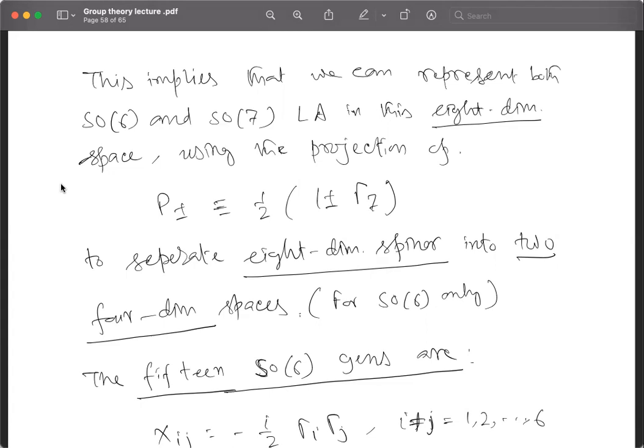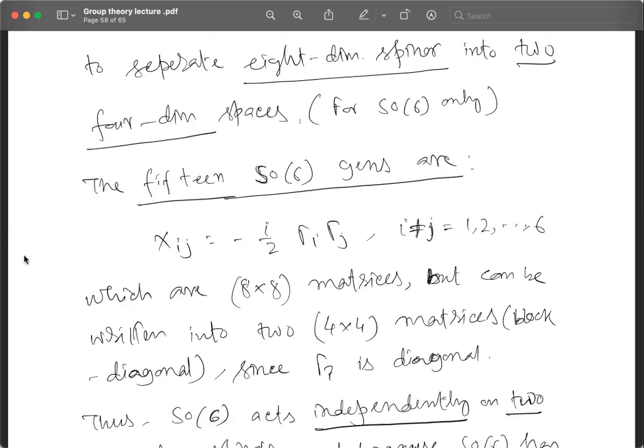But we have to remember that the projection operator can split the representations into two equivalent, same-dimensional representations only for even dimensions. So with γ_7, with 1 ± γ_7, this kind of P^± operator cannot split these 8-dimensional spinors into two 4-dimensional spinors for SO(7), but certainly that can be done for SO(6).